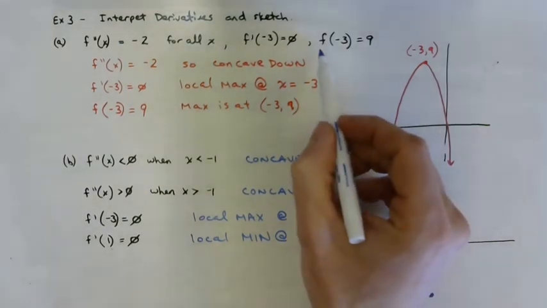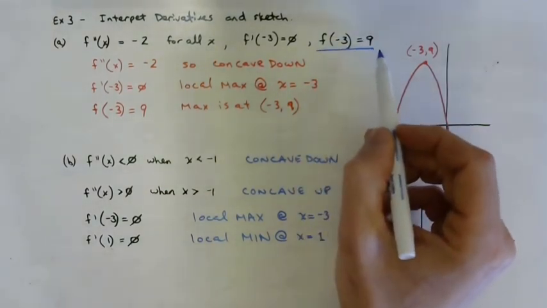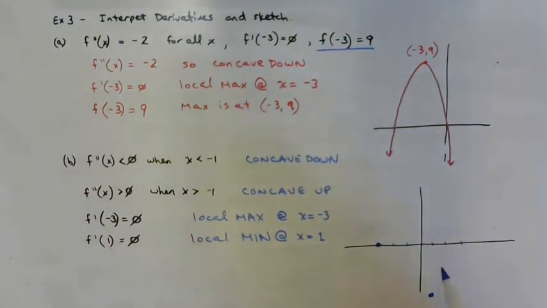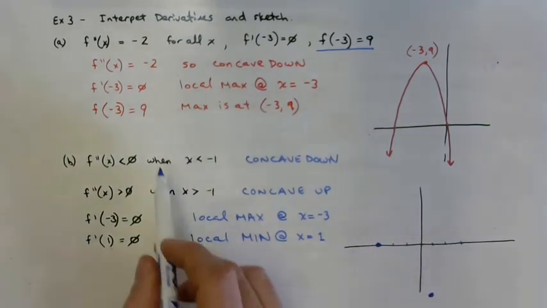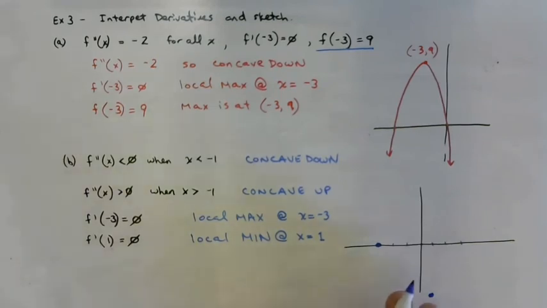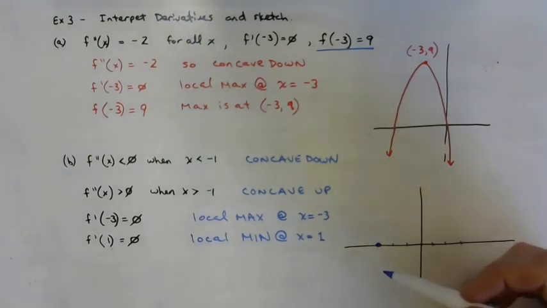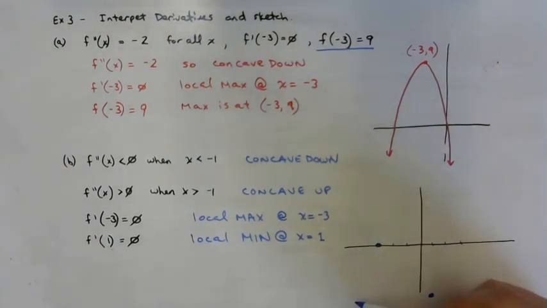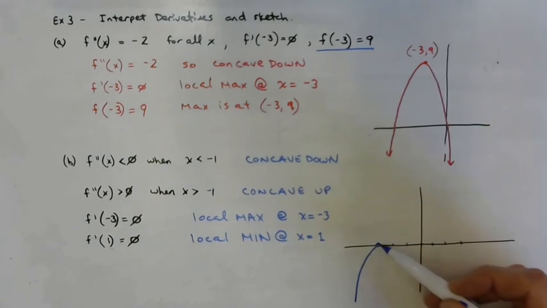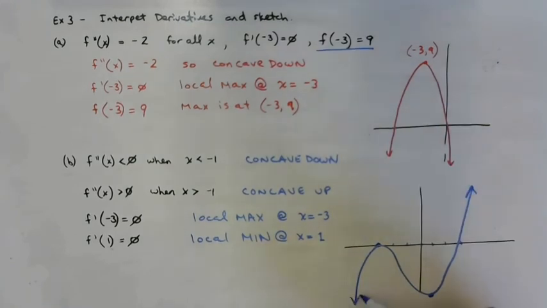Like we had here, we were told a point that it specifically went through. We don't have any of those here for the original function. So this is just one of the possible graphs that satisfy this equation. But really it could move up or down or have a different stretch or compression. But here we go, we have a max here. It's concave down, concave up, and there we go.